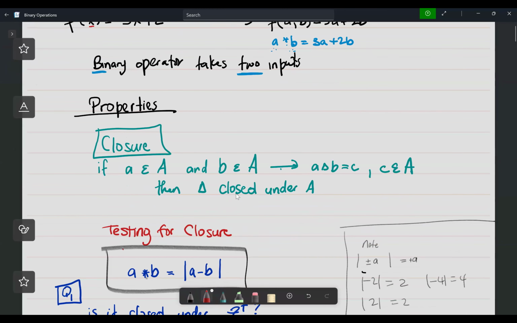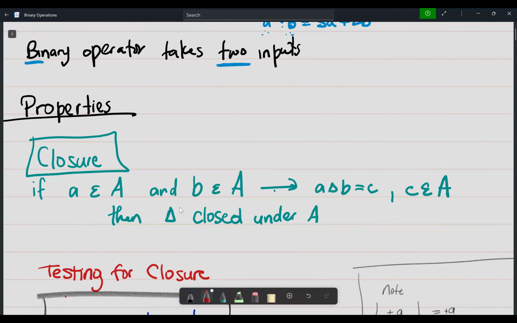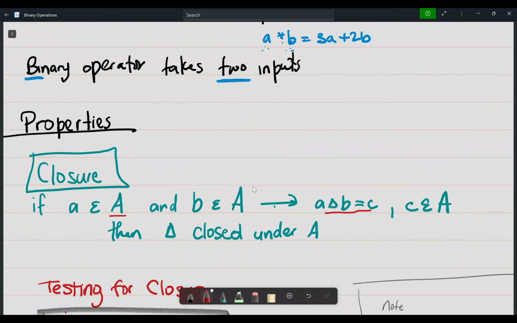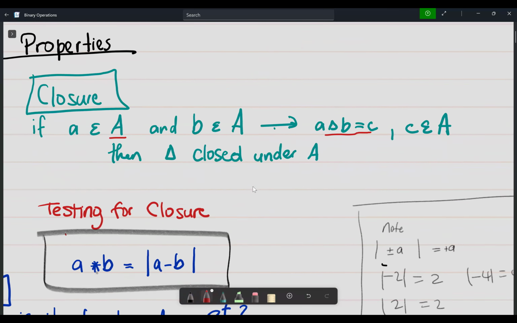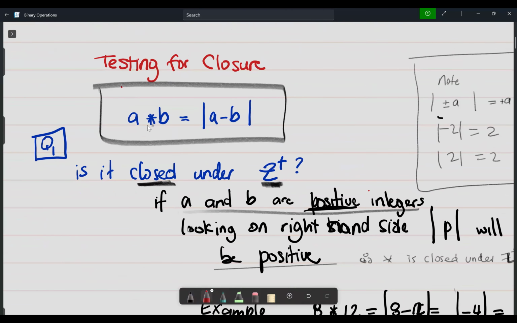So the properties of a binary operator that it tests is closure. So for closure, if I say that the things that I enter, a and b, are in some arbitrary set A, this can be real numbers or whatever, when I apply it and get c from the answer, c must also be in that same set. c will never deviate from that set. So for testing for closure, imagine we say to test that a star b, which is the modulus of a minus b, is closed under the positive integers, that's Z plus.